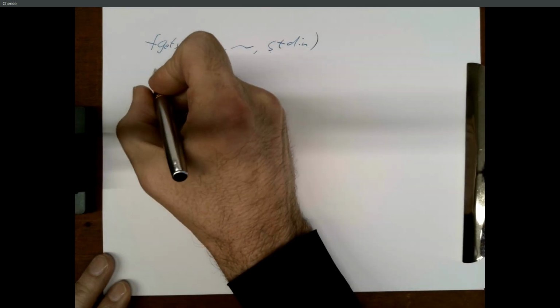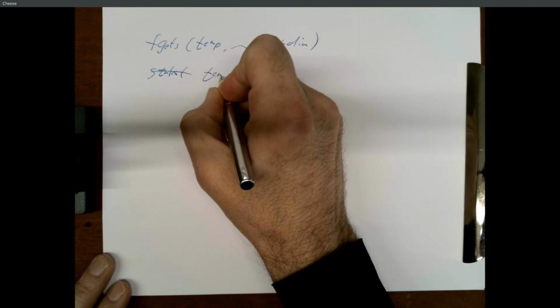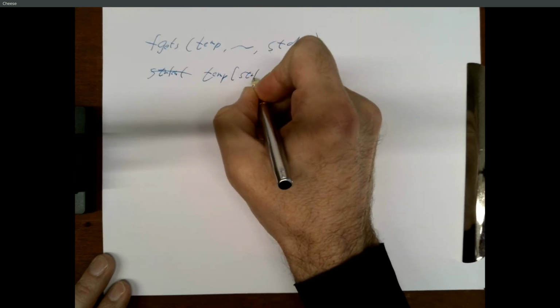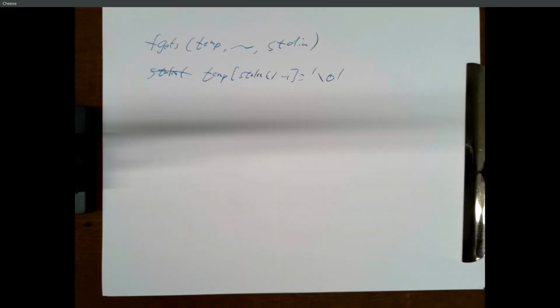So that's where I'm suggesting you do that thing we did the other day where you remove the newline by setting temp[strlen(temp) - 1] equal to a null terminator. That'll chop off the newline. You don't have to worry about it anymore.